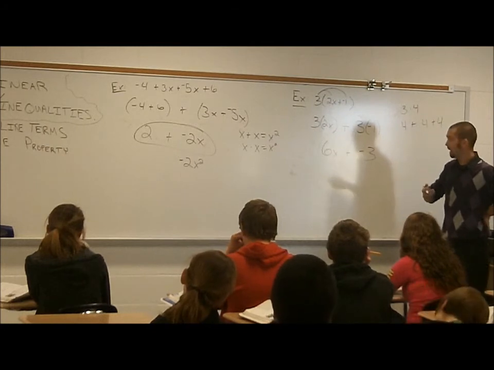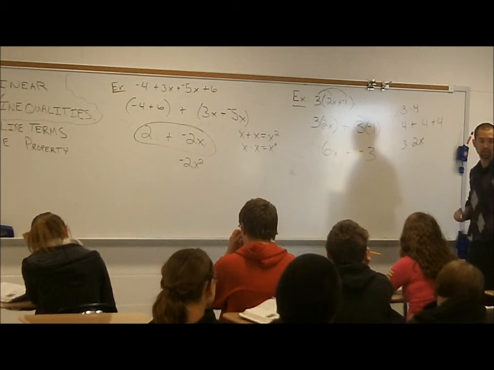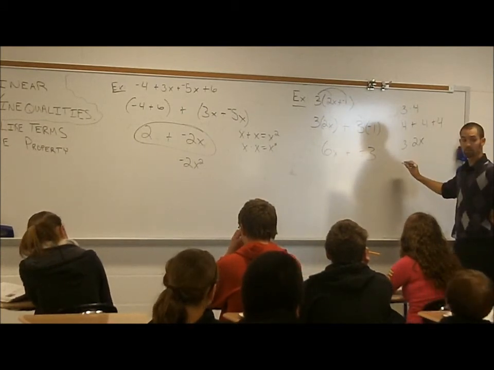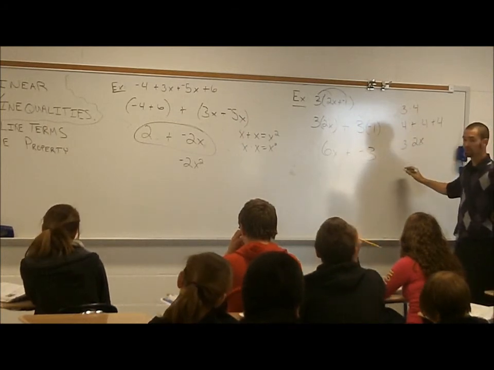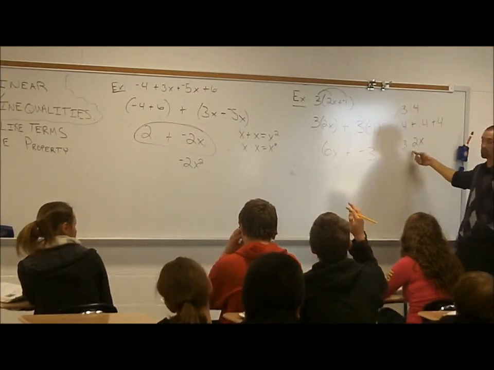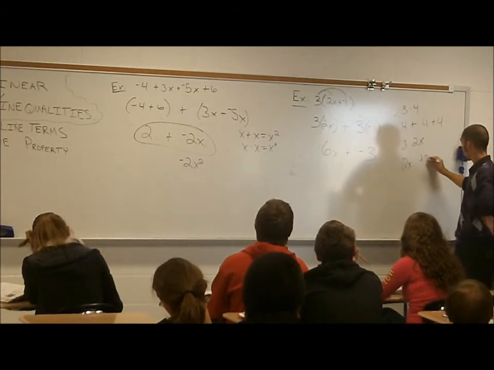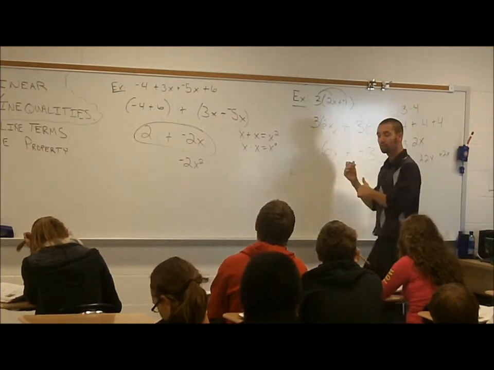So, Ian, how would I write 3 times 2x? 2x plus 2x plus 2x. Oh, and haven't we added this?